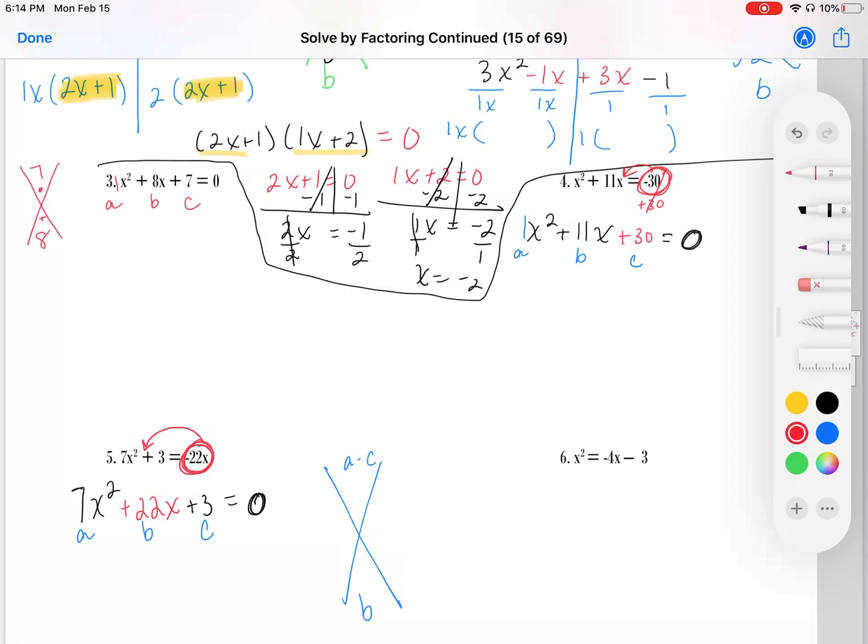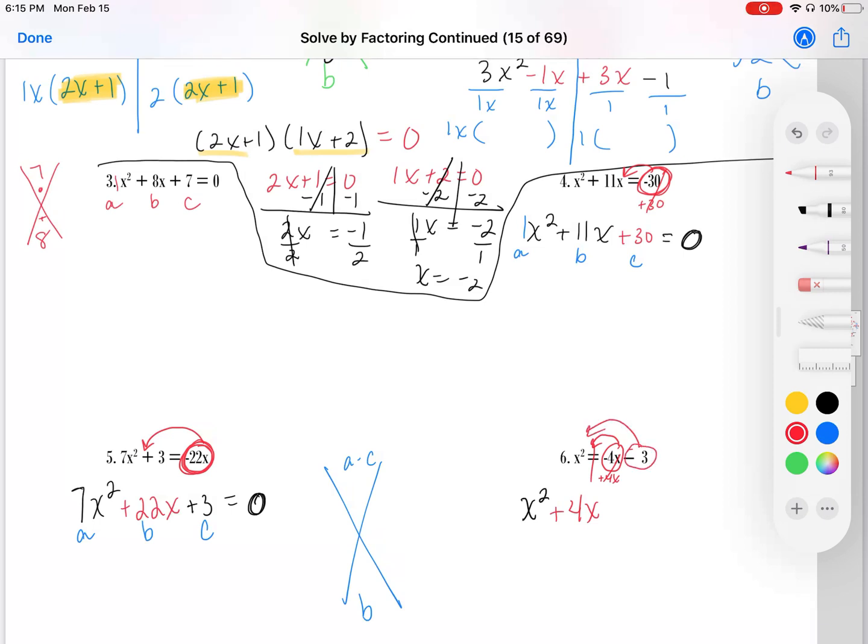The same idea with number 6. Again, it has to equal 0. So this one's got 2 things in the wrong way. So it's x squared. To move a negative 4x to the other side of the equal sign, you'd have to add 4x. Add 4x on the right. We also have to add 4x on the left. Equals means it's balanced. So if it was on the right side, we also have to do it to the left side. This -3 is also on the wrong side.